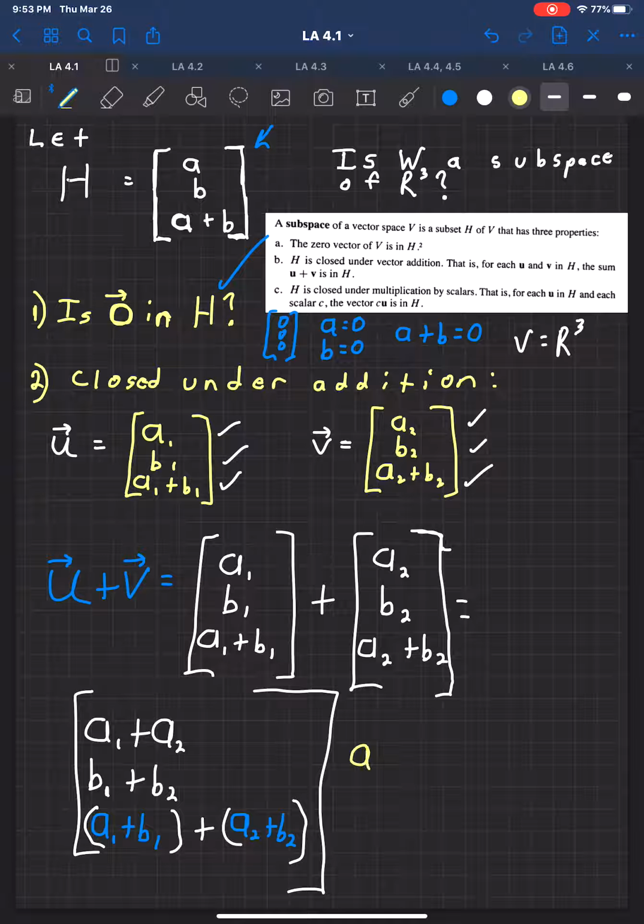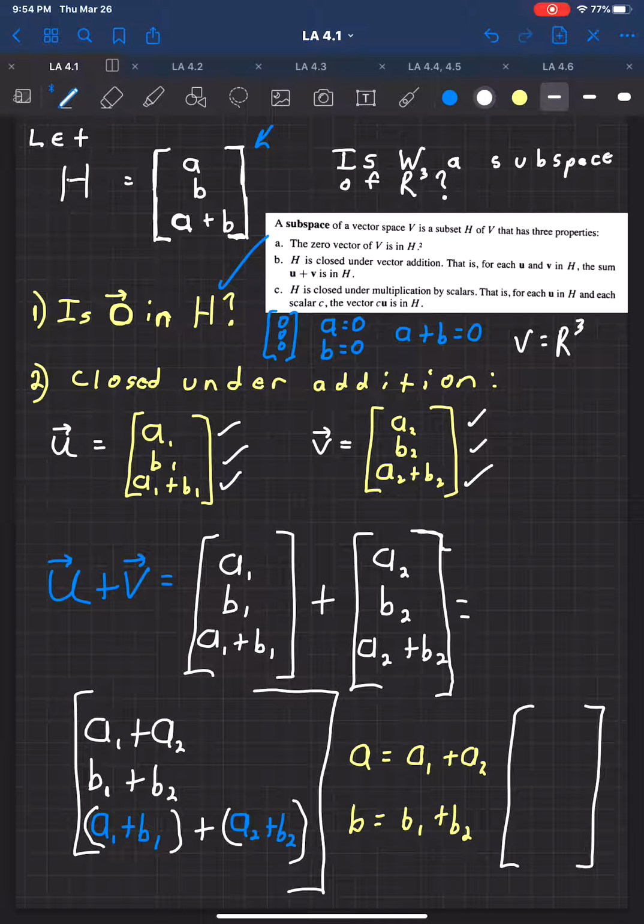What if you defined a to be the following: a sub 1 plus a sub 2. And then you defined b. Henceforward, b is defined to be b sub 1 plus b sub 2. Now watch what happens if you define a and b this way. Everywhere I see an a sub 1 plus an a sub 2, I can rewrite that as a.